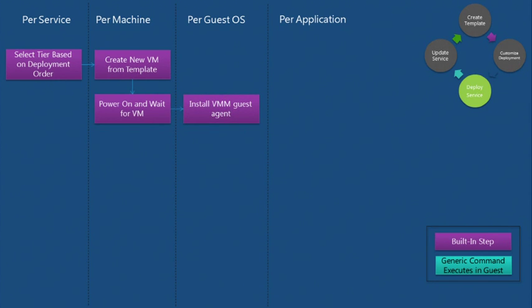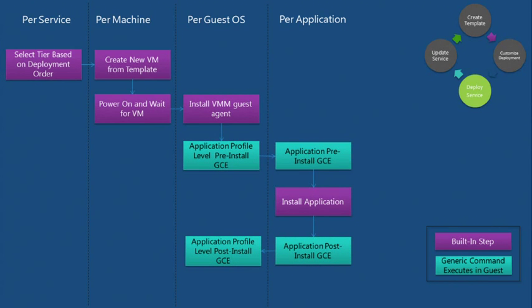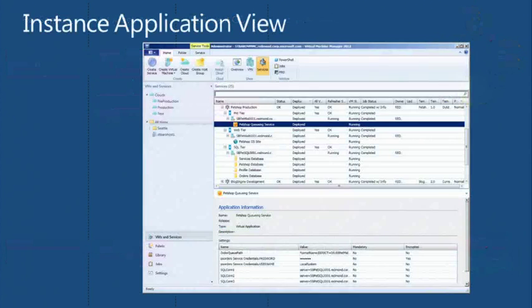So after Windows has been specialized, we're going to go ahead and install a guest agent. And we're going to execute any of those scripts that you may have. And we're going to go ahead and install any applications that you've defined and execute any additional scripts that you've defined. If applicable, so if you've integrated us with a load balancer, we're going to go ahead and add that machine to the load balancer, and we'll move on to the next tier in terms of application deployment.